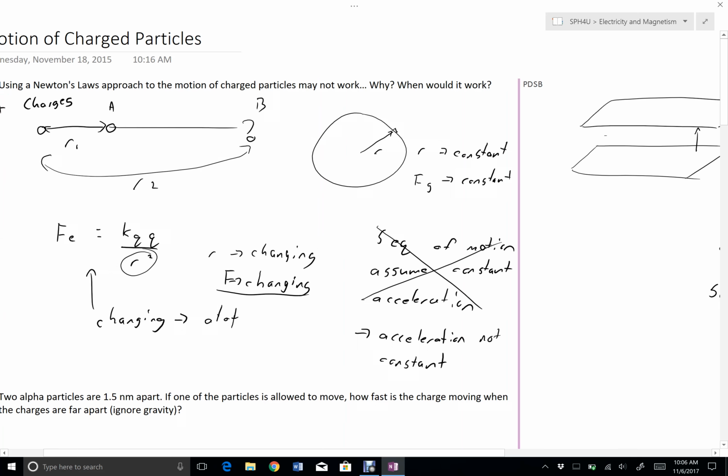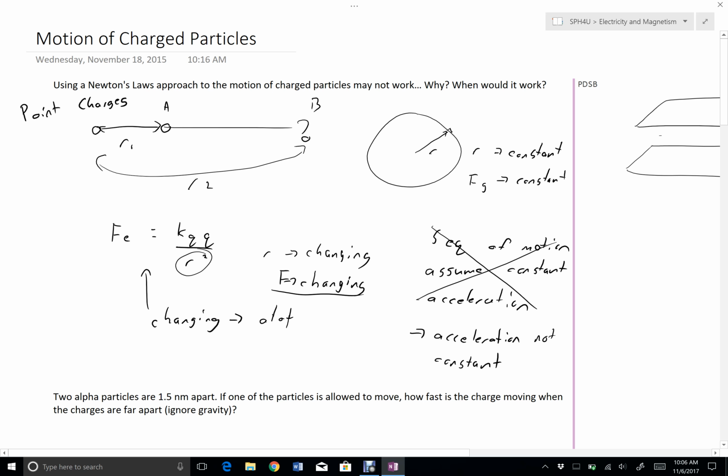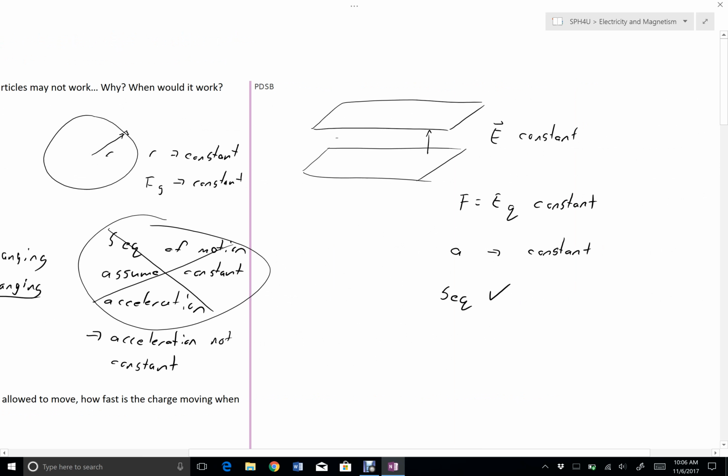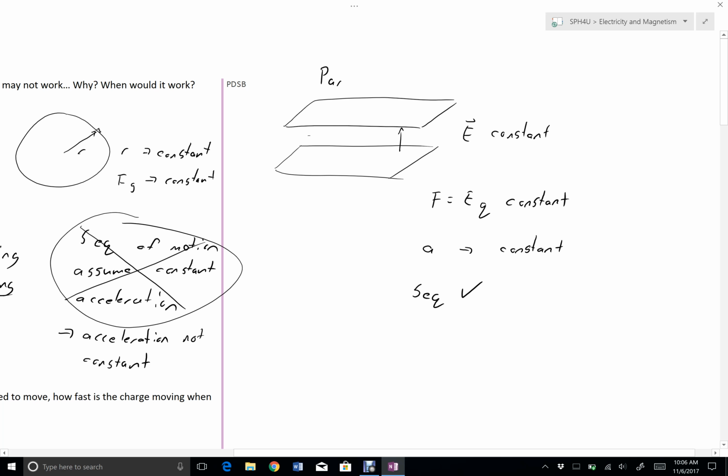So when we're dealing with point charges, we can't use the 5 equations of motion, but when we're dealing with parallel plates, because of our constant electric field, constant force, and resulting constant acceleration, the 5 equations of motion are good again.